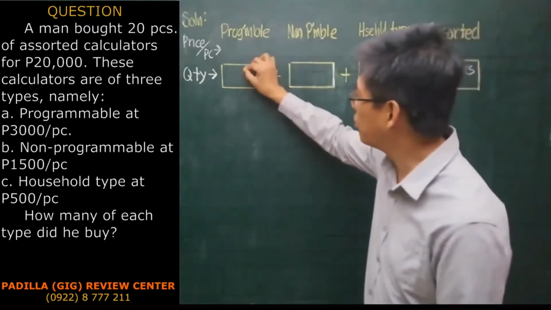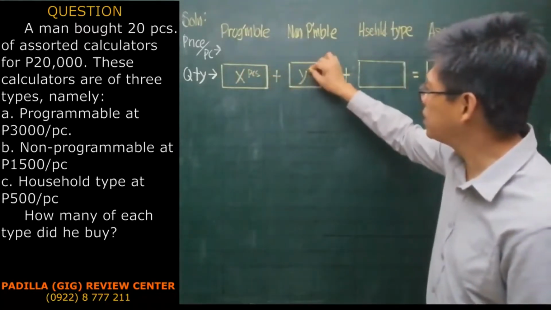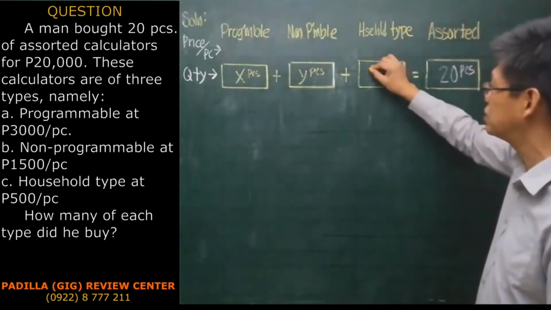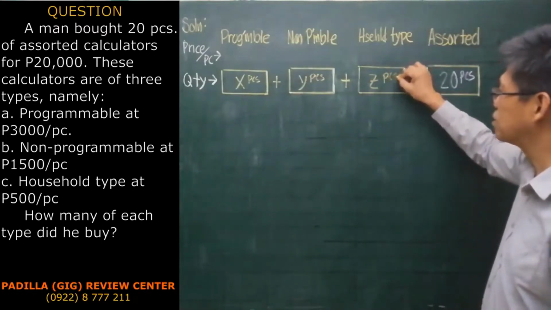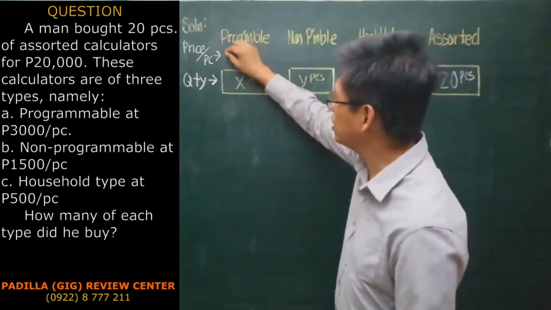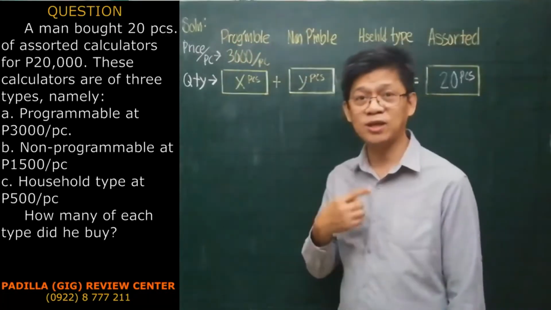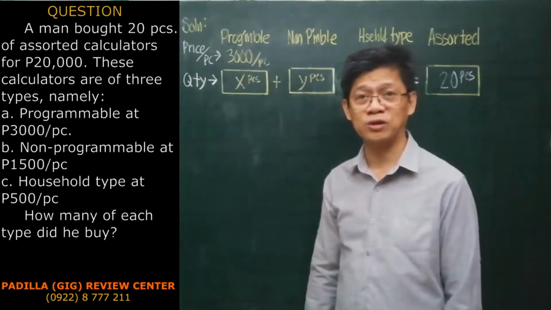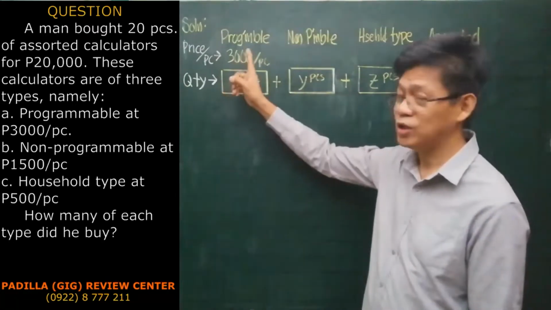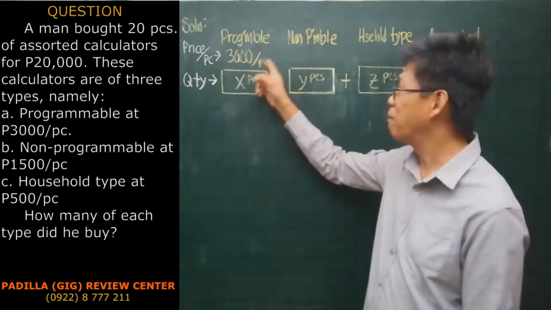Let us say that he bought X pieces of programmable, Y pieces of non-programmable scientific calculators, and Z pieces of household type of calculator. The programmable calculators are 3,000 per piece. Instead of percent concentration, we will put here the unit price, the quantity per piece.